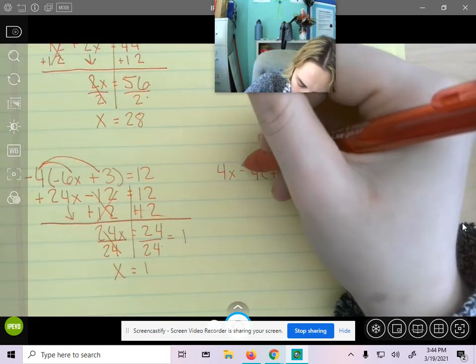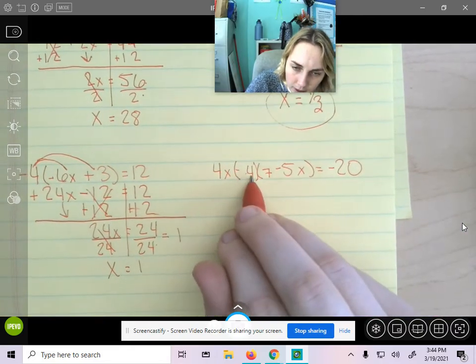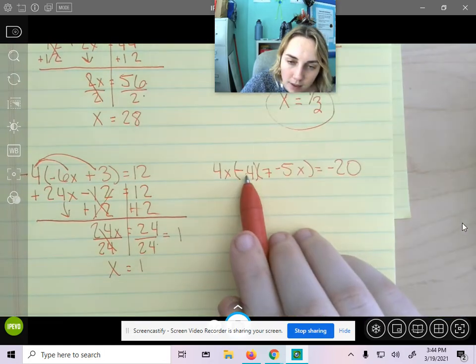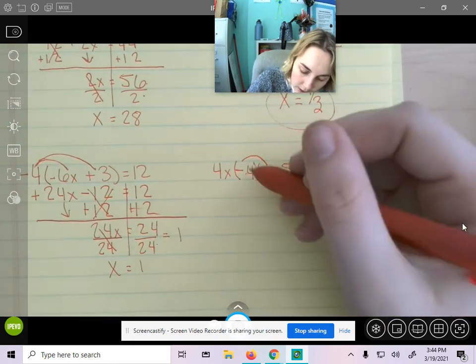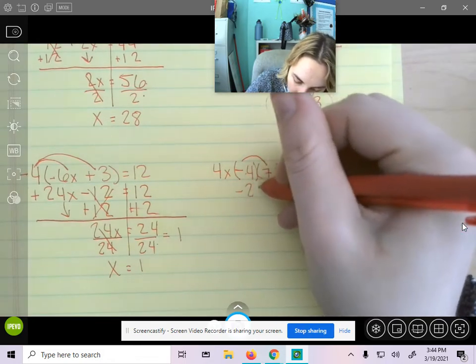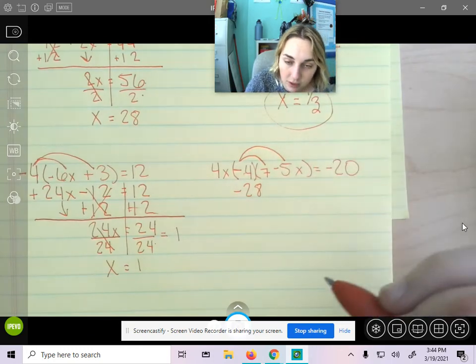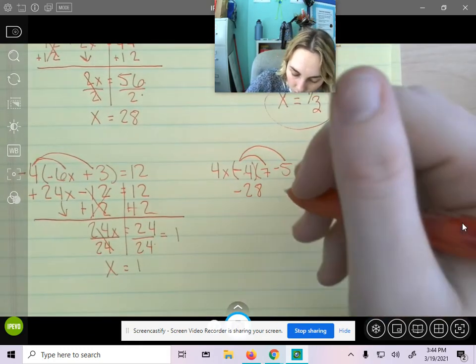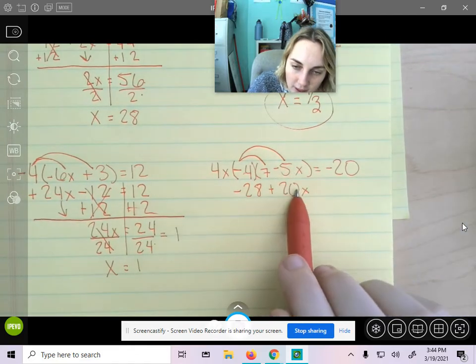So we're going to take the operation in front of this negative 4, okay? Since the operation in front of it is a minus sign, we're going to say this is a negative 4. So negative 4 times a positive 7 is going to leave us with a negative 28. And then negative 4 times a negative 5x is going to leave us with a positive 20x, because we have that x there.